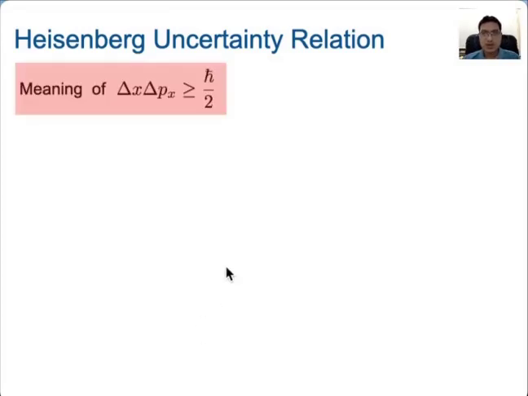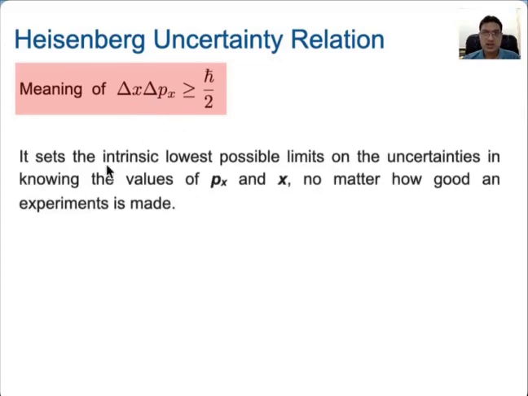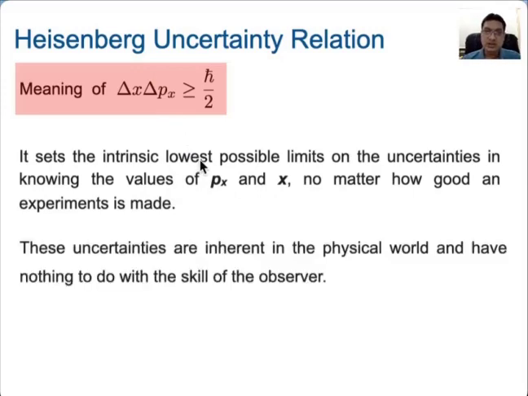Now let's try to understand some more meaning of this position-momentum uncertainty. This upper bound sets the intrinsic lowest possible limit on the uncertainty in knowing the values of p_x and x, no matter how good an experiment is made. This uncertainty is not related to the resolution or the quality of the instrument which is going to measure the position or the momentum of the particle.